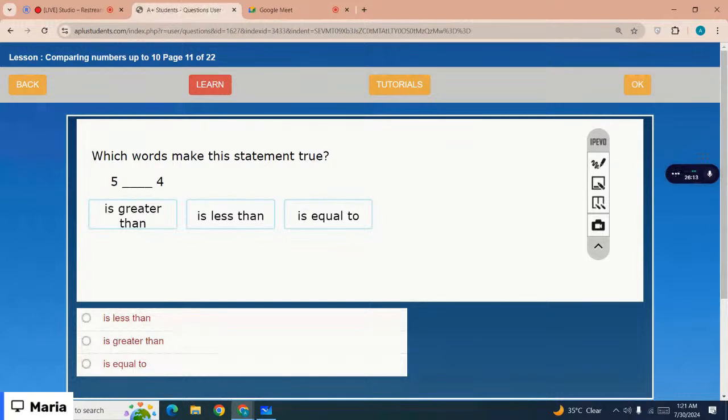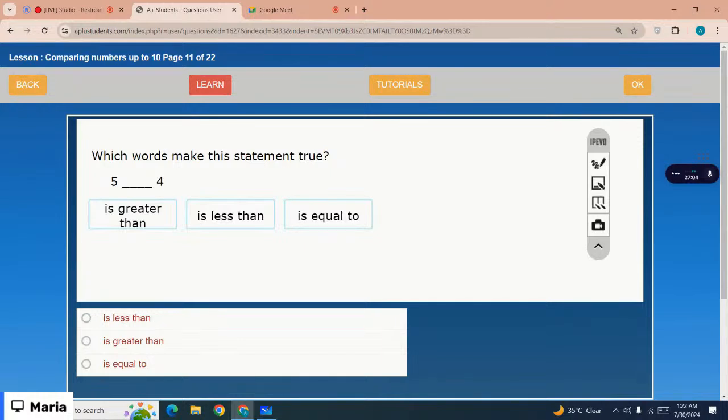Which words make the statement true? 5 and 4, which is the correct option? Yes, 5 is greater than 4.